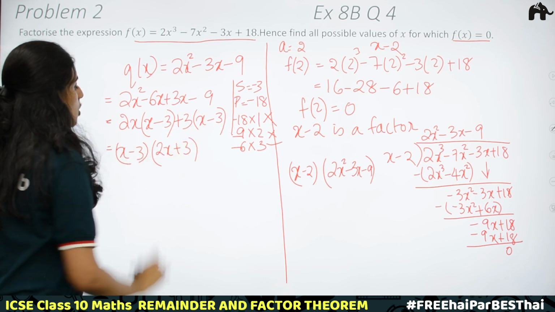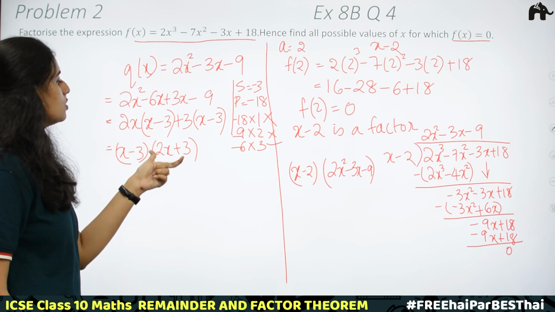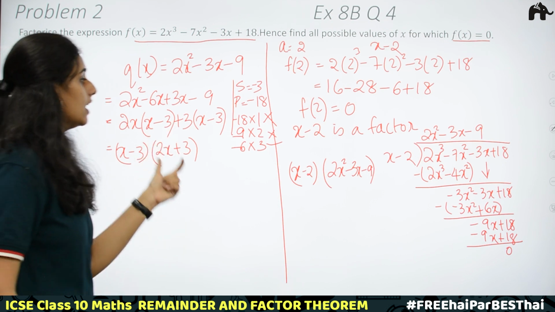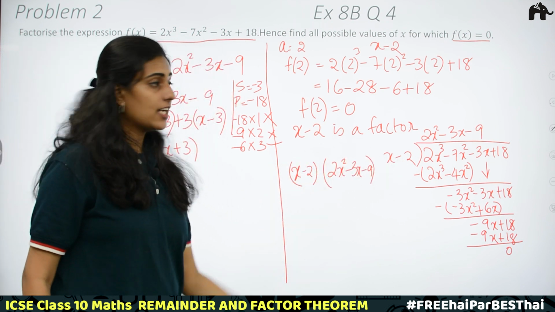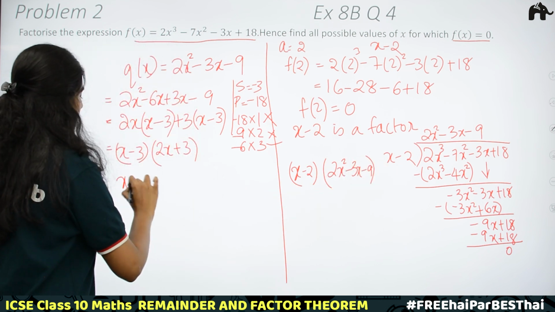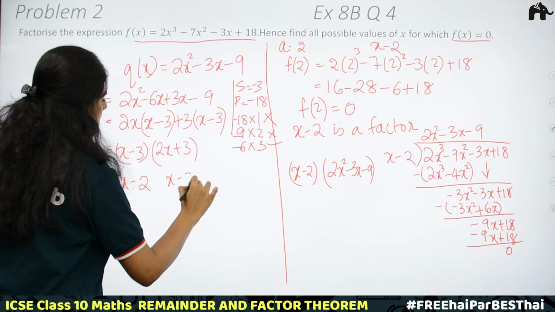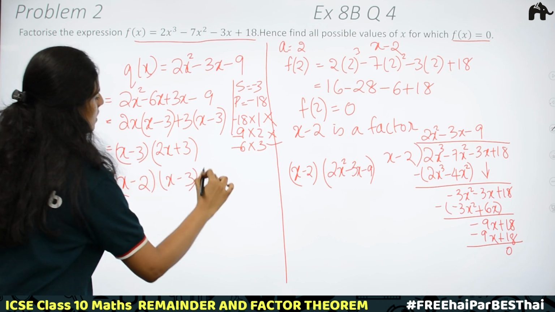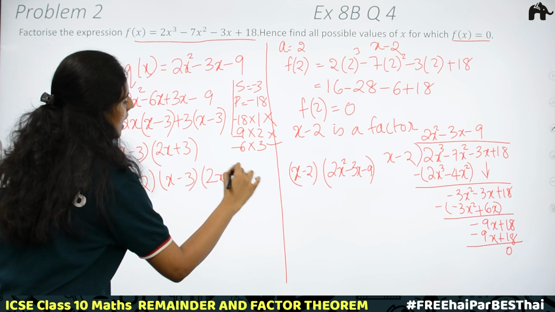Two factors we obtained: x minus 3 and 2x plus 3. Here we already have another factor which we used for division, which is x minus 2. That is x minus 2, x minus 3 and 2x plus 3 are the factors.